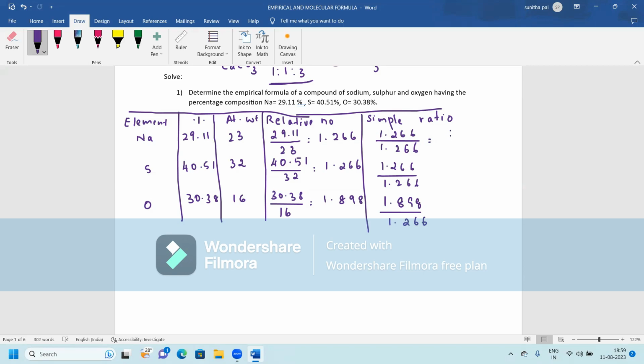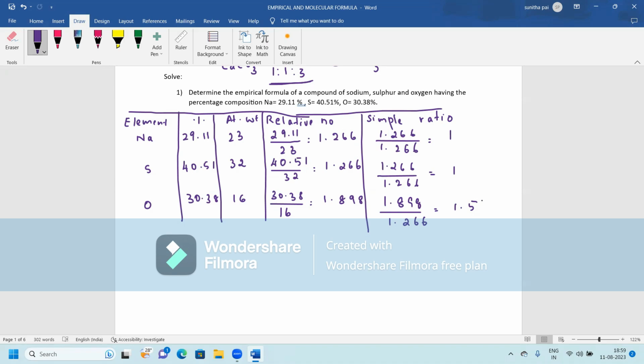And this will be 1, this is a 1, but this is 1.5. Now, if it was something closer to 1.1, 1.2, then I would have rounded it off to 1. And if it was something like 1.8 or 1.9, then again we can round it off to 2.